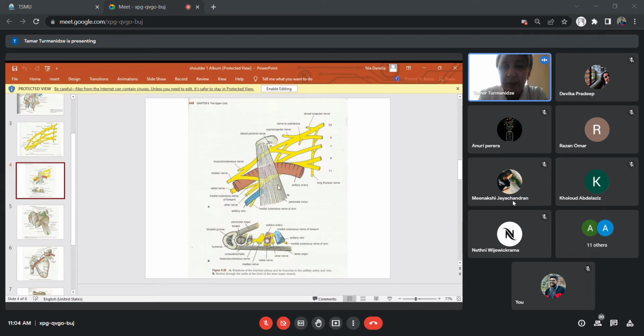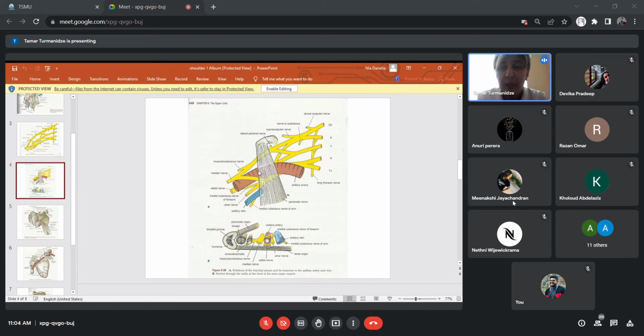So I repeat, the location of these vessels and nerves in the pectoral triangle from medially to the lateral side. Most medially we have the axillary vein. Laterally to the axillary vein is located the medial cord of the brachial plexus. Laterally to the medial cord is the axillary artery. Laterally to it is the lateral cord of the plexus. And behind the artery is located the posterior cord of the brachial plexus.